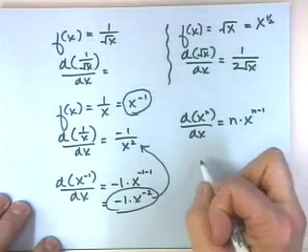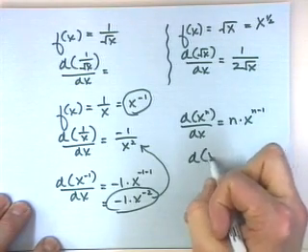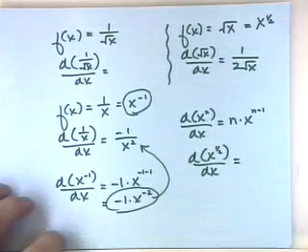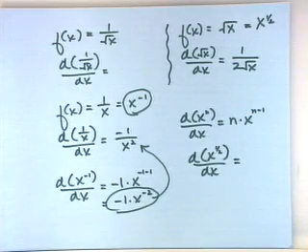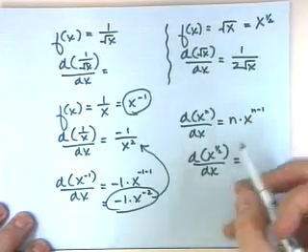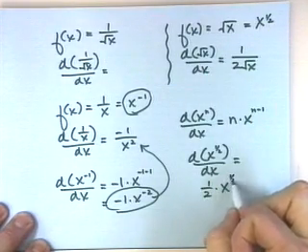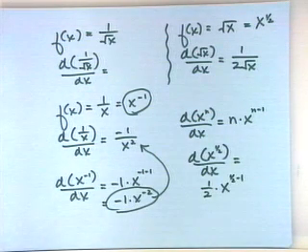Now, does that pattern work? If we use this nice, clean little shortcut for the derivative of x to the 1/2, do we get that? Well, what should it be? 1/2 times x to the 1/2 minus 1, right? That's the pattern, the power rule or the exponent rule.